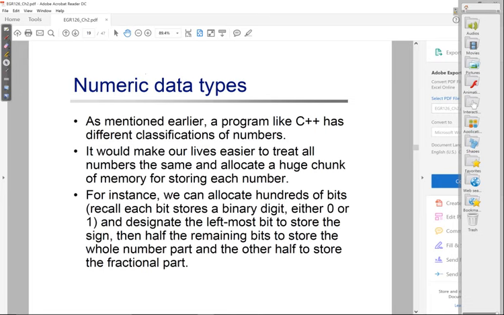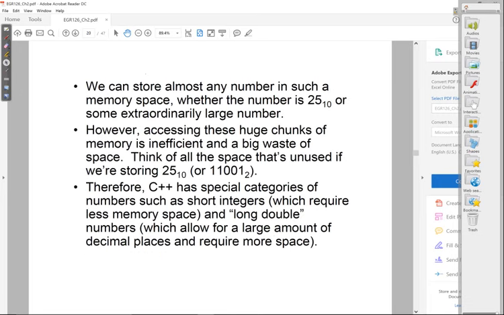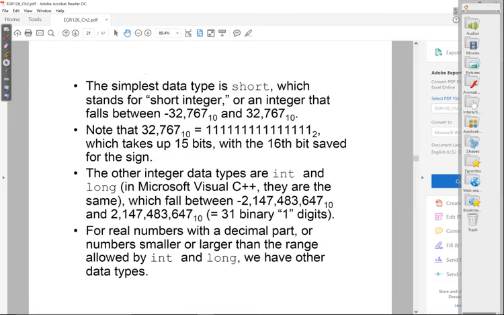So anyway, the way integers and real numbers are stored in your computer goes something like this. And this could change according to the operating system you're using. For instance, it's different between a Mac and a PC.